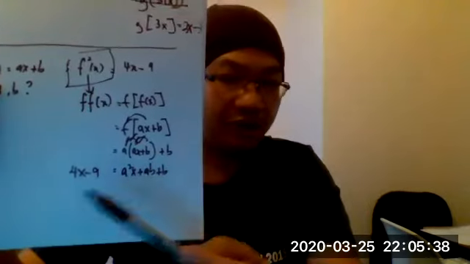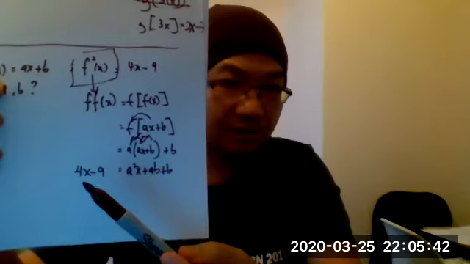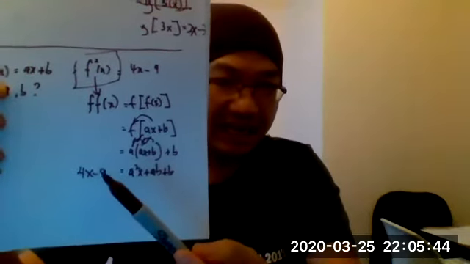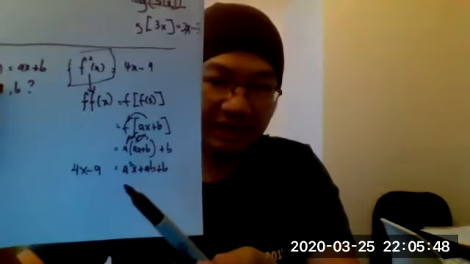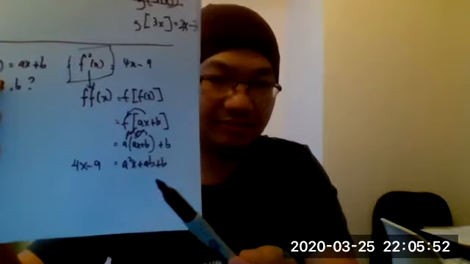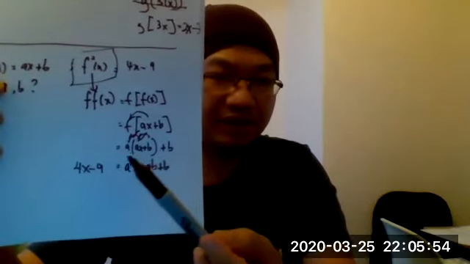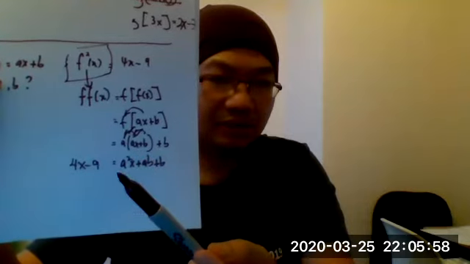Now you check your equation. This is 4x, it has x. This is 9, there's no x here. So from this side, which value has x? This one, right?